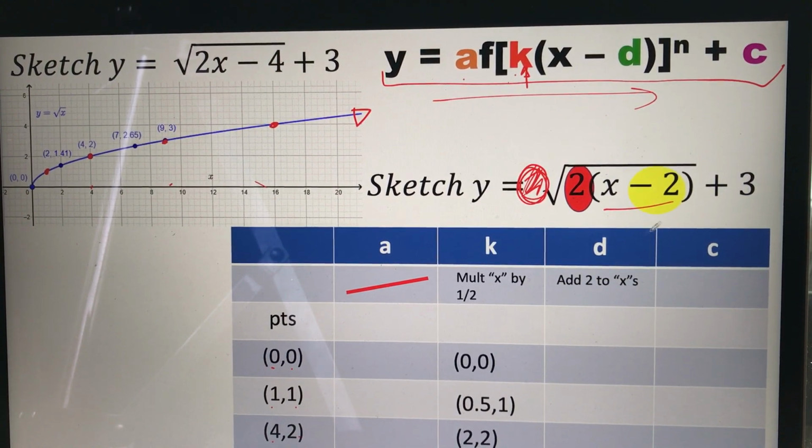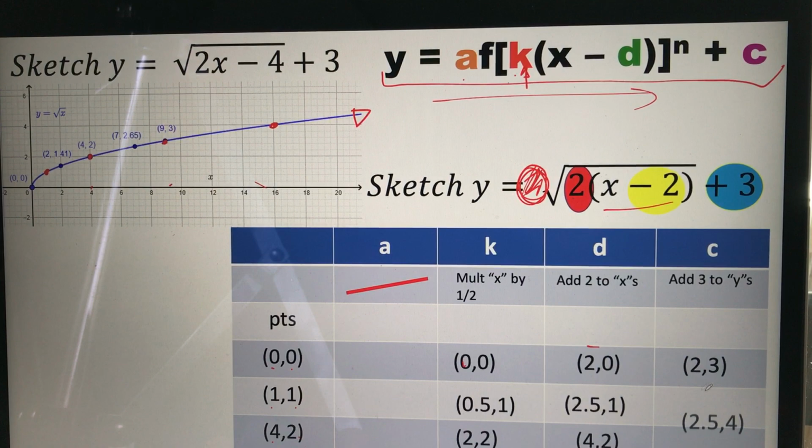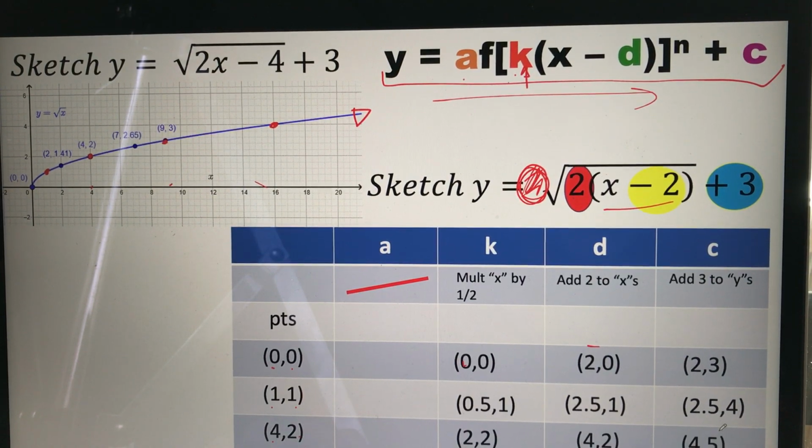My d, okay, I do have a horizontal movement here. I'm going to add 2 to the x values because it's negative 2, so it goes right 2. So I add 2 to the x's. 0 plus 2 is 2. 0.5 plus 2 is 2.5. It's okay to have decimals, that's fine. And 2 plus 2 is 4. And then my last one, I have a plus 3, so I add 3 to the y values. 0 plus 3 is 3, 1 plus 3 is 4, and 2 plus 3 is 5.